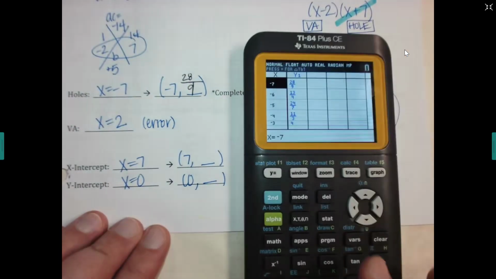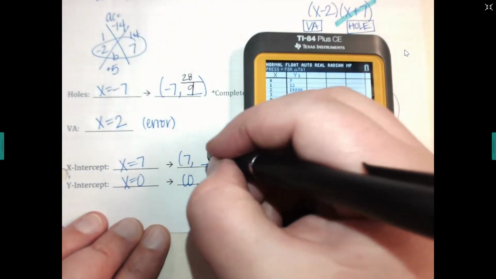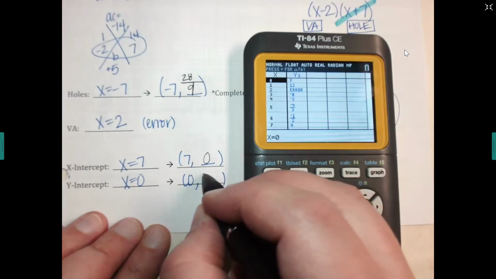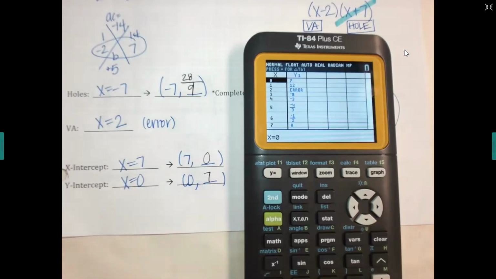Okay. Then for +7, your y value should be 0. And then for 0, your y value should be 7. Okay, if those aren't correct, then we got to just see what you're doing wrong before we switch to homework.